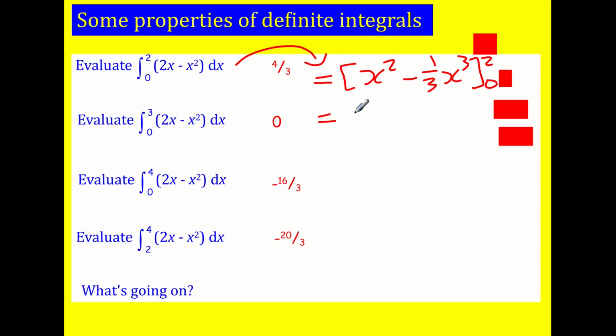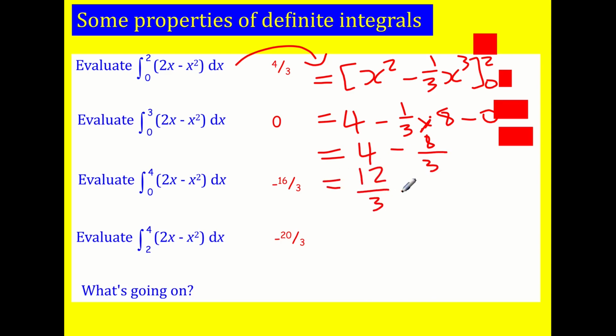We substitute the higher one in, so we're going to get 2 squared, which is 4, minus 1/3 times 8, because that's 2 cubed. And we're going to minus what I get when I substitute 0 in, but in this case that's just going to give me 0. So that's 4 minus 8 over 3, which I could write as 12 over 3 minus 8 over 3 if I'm keeping it non-calculator, and that's going to be 4 over 3.